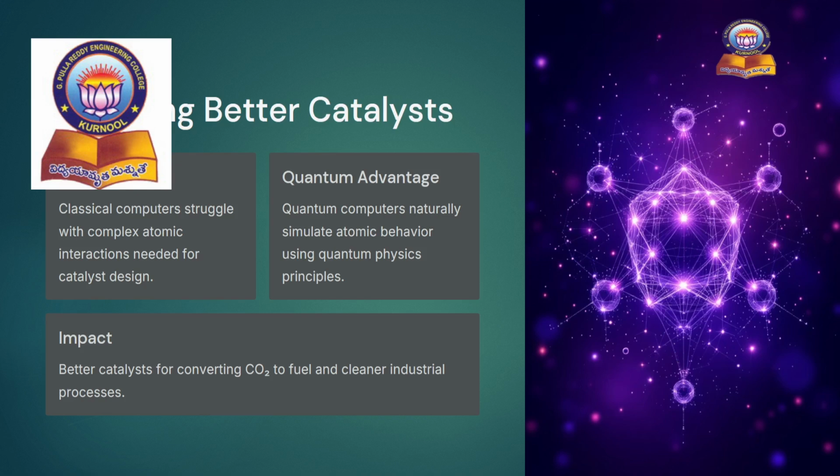The challenge is that classical computers struggle with the complex atomic interactions needed for catalytic design, whereas quantum computers naturally simulate atomic behavior using quantum physics principles. We use catalysts, for example, for converting CO2 to fuel and for cleaner industrial processes. So this is also one application of the quantum future.